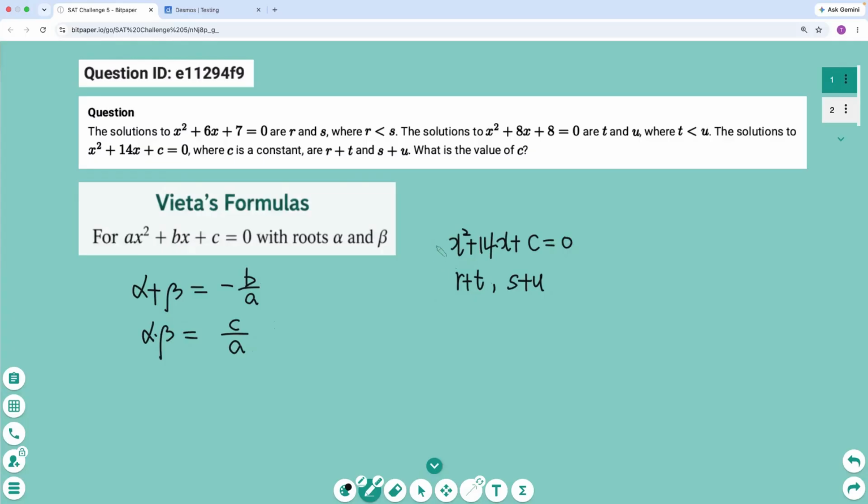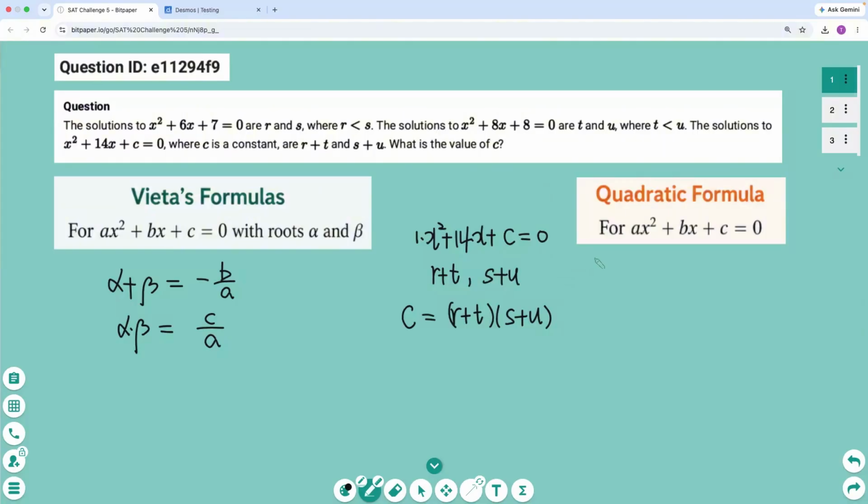Since the leading coefficient of the third equation is 1, Vieta's formula tells us that the product of these roots is simply c. So c equals (r plus t) times (s plus u). That's the key idea. If we can find r, s, t, and u, then we can substitute them into this expression and find c.